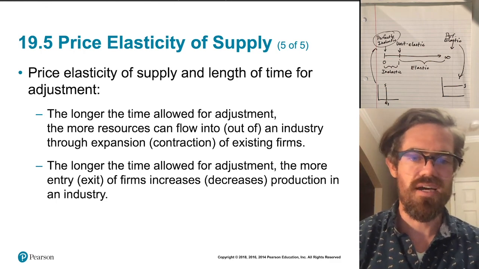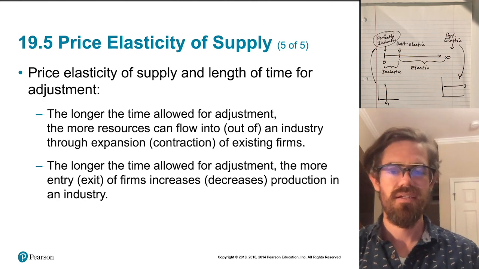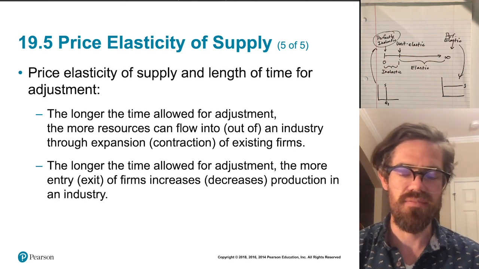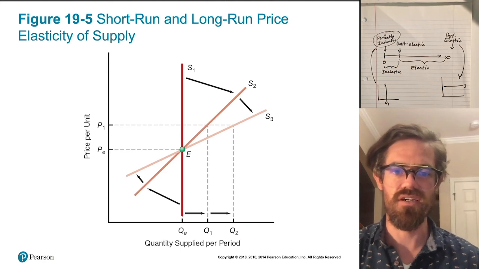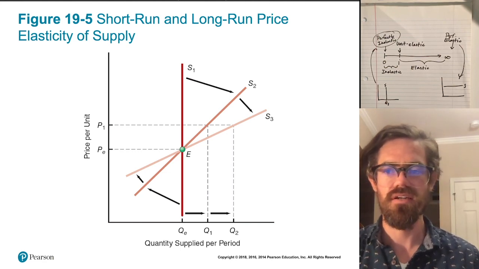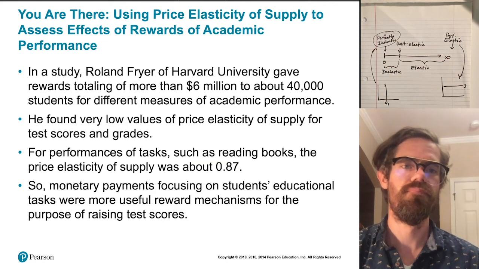And the longer the time allowed for adjustment, the more entry and exit of firms increases or decreases production in an industry. So again, pretty basically, more time means more flexibility, more elastic. So we're rotating again to a flatter curve. As time goes on, we go from the short run to the long run, and our supply curve gets flatter.